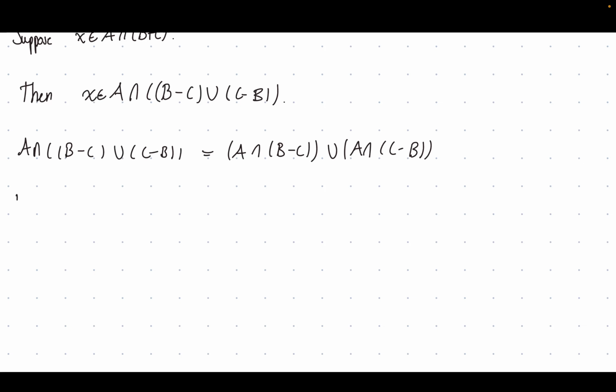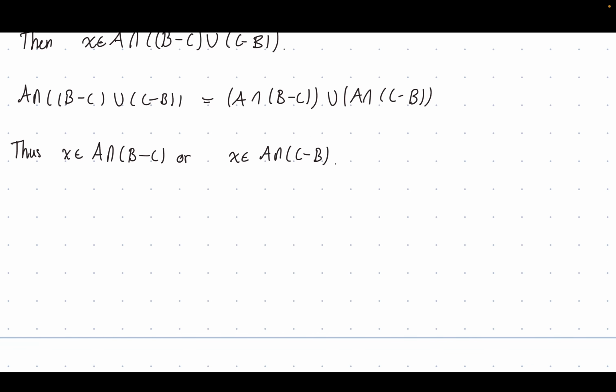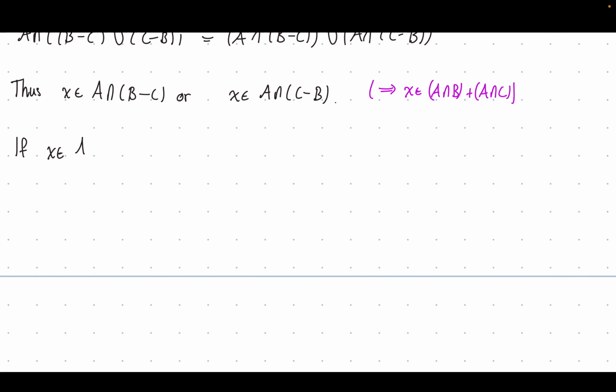And this is all to say that x is going to be in A intersect B minus C, or x is going to be in A intersect C minus B. Right, so what we want to show now is that both of these imply that x is in A intersect B plus A intersect C. Right, okay, so if x is in A intersect B minus C, then x is in A and x is in B minus C. This is what we get from the intersection.